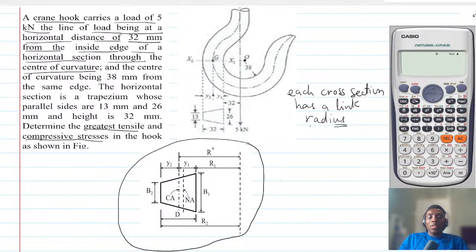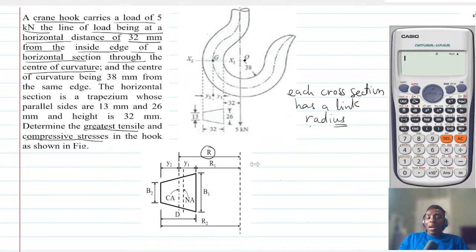The R which you see over here, if you look at the diagram, you can see that there is y1 and there is y2. So the distance from the point here to the center line or the O is actually R.